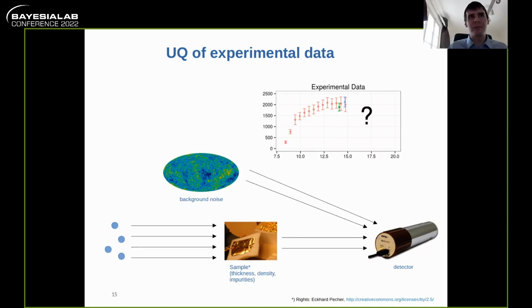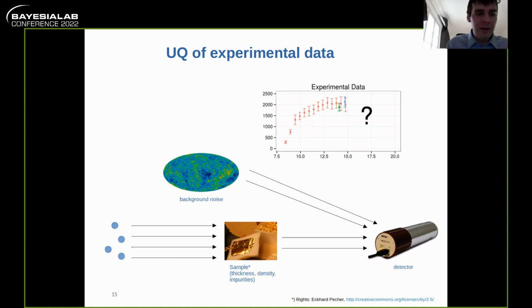And finally, we can have some background contributions, so we can have radioactive sources, particles coming from the environment or from space, that are also to some extent detected in the detector and add additional noise to the measurements. Ideally, the experimentalists do a very comprehensive job on this and have all the error contributions quantified.